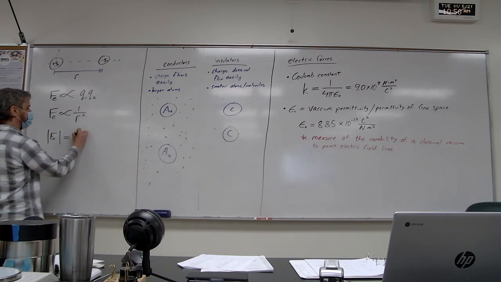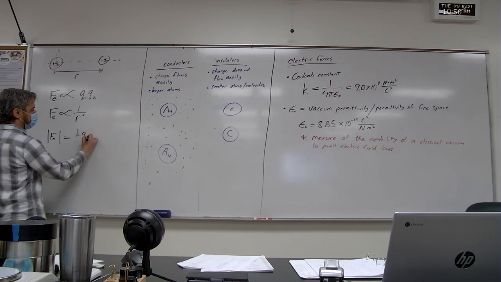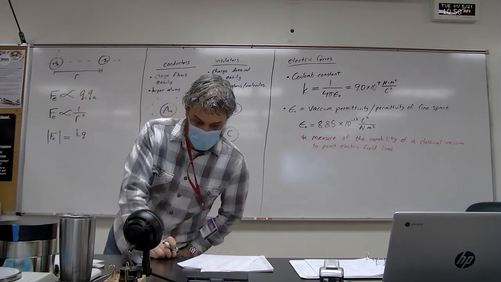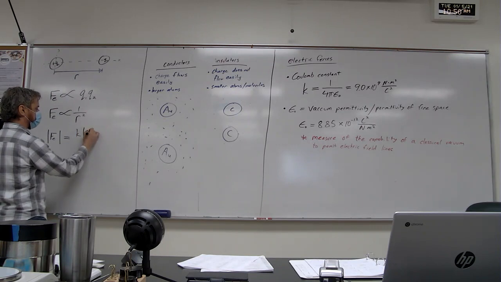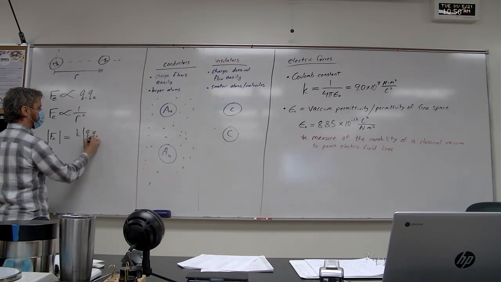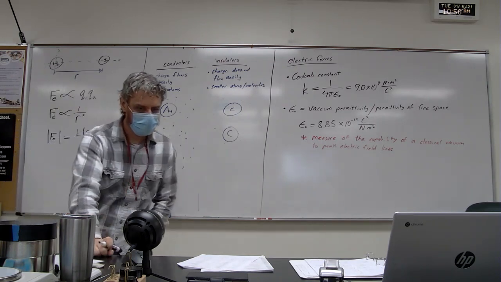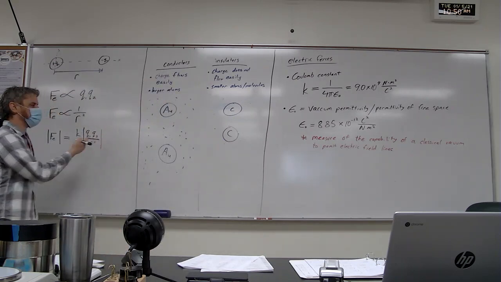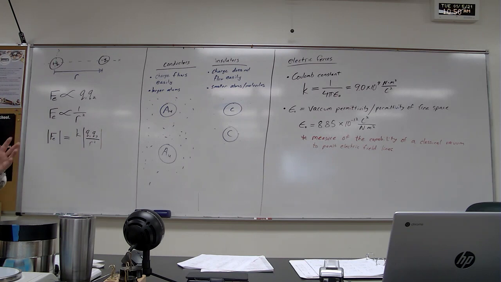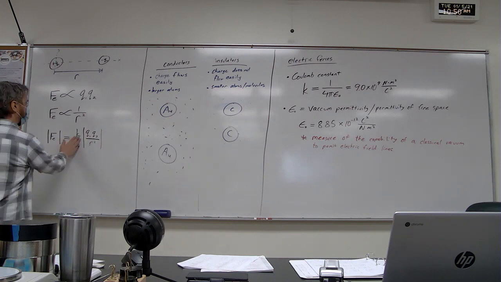It is equal to K times the magnitude of Q1 Q2 over r squared. Because regardless of what signs the charges are, you just use your knowledge to say whether the force is going to be positive or negative. So I could write it like this.